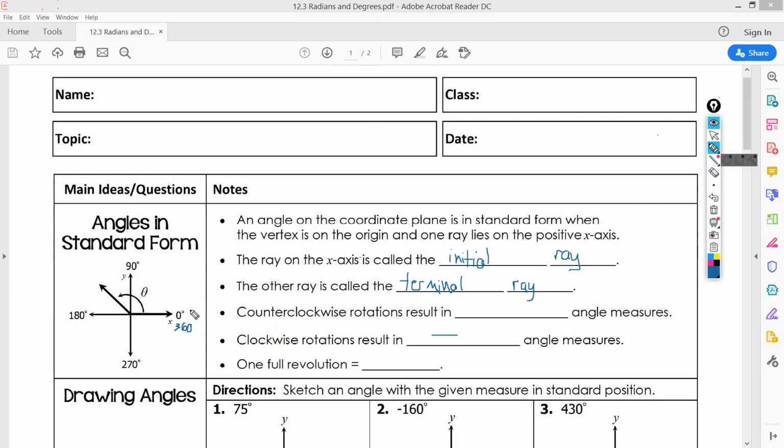And counterclockwise rotations, which are going the other way, going backwards around the clock in time, this is counterclockwise, now that's positive. Okay, so counterclockwise is a positive measure, clockwise results in a negative measure, and one full revolution, as we talked about, is 360 degrees. Okay?